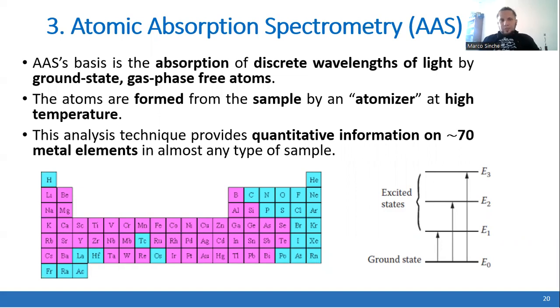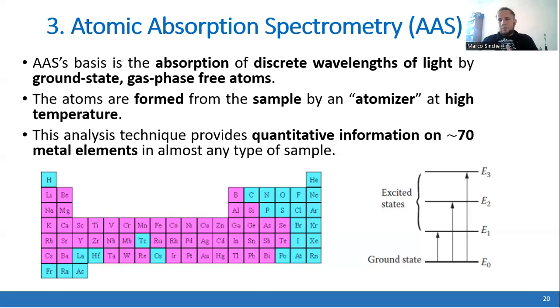So the samples are transformed into atoms thanks to the use of high temperatures. Then these atoms will interact with the incident energy, moving from a ground state of low energy to states of higher energy, which are called excited states.